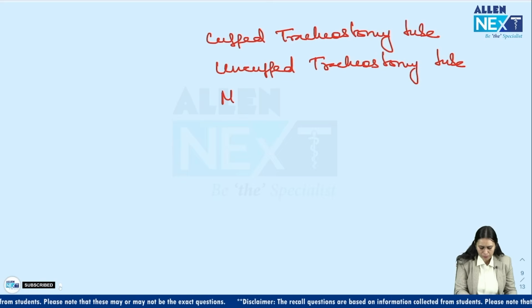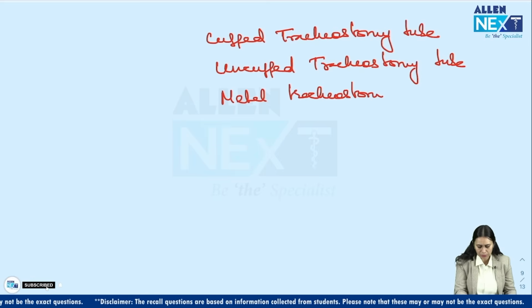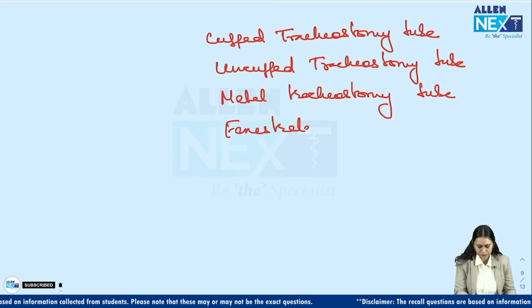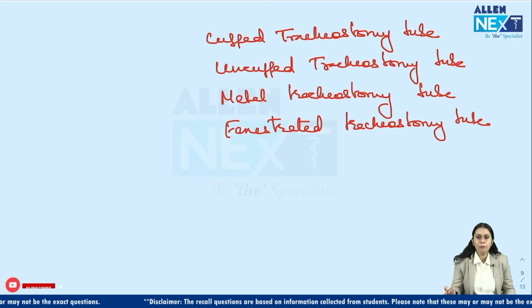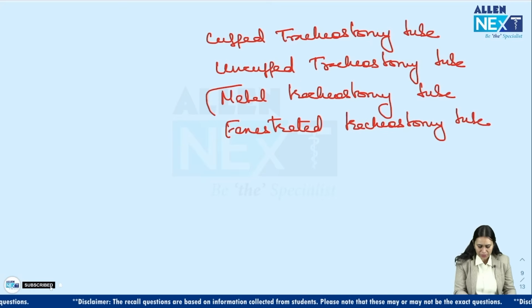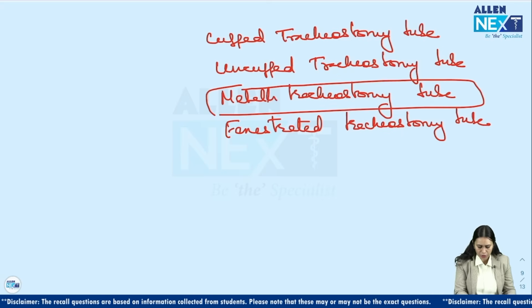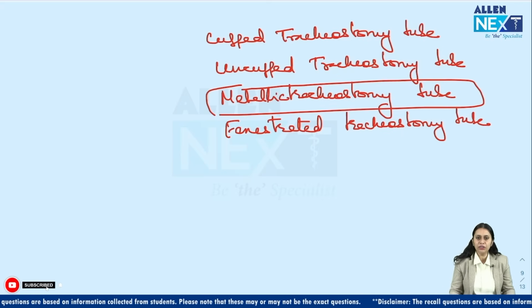Then we have metal tracheostomy tube, and then we have fenestrated tracheostomy tube. Now, the metallic tracheostomy tube has the indication when we keep the tracheostomy tube just to maintain the patency of the airway, but the patient can breathe on their own.